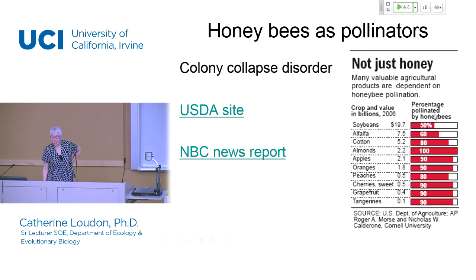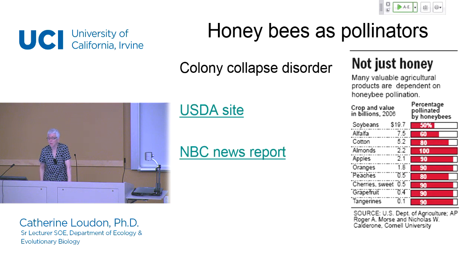Over here on the right is the percentage of those crops that is completely dependent on honeybee pollination specifically. You can see soybeans, 50%, alfalfa, 60%, cotton, 80%, almonds, 100%. And if you actually eat almonds, what is it that you're eating? You're eating the seeds, right? And the seeds will only be produced if pollen is transferred such that a seed can actually form, the sperm has to reach the egg, and so on.